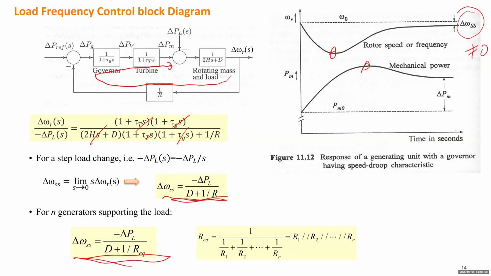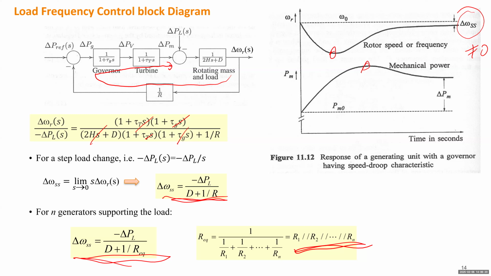So we need to take this formula, which is a parallel connection. We treat each R as a resistor in a parallel circuit. So the total R will be a parallel connection of all the R, which means if you decrease any R, the equivalent R will decrease. In the power system, every generator has a speed governor.